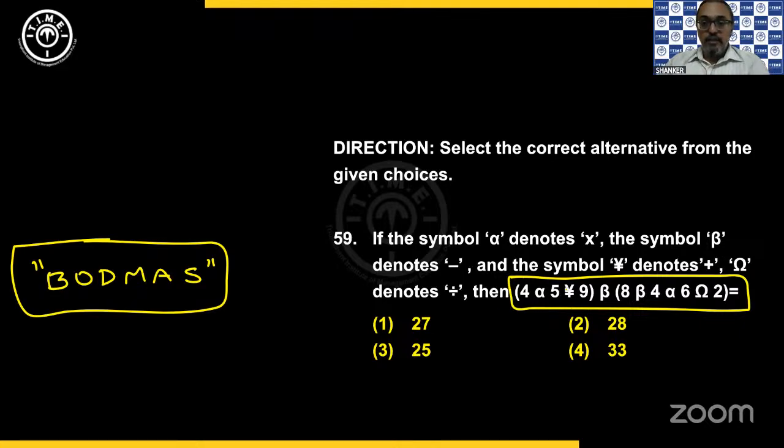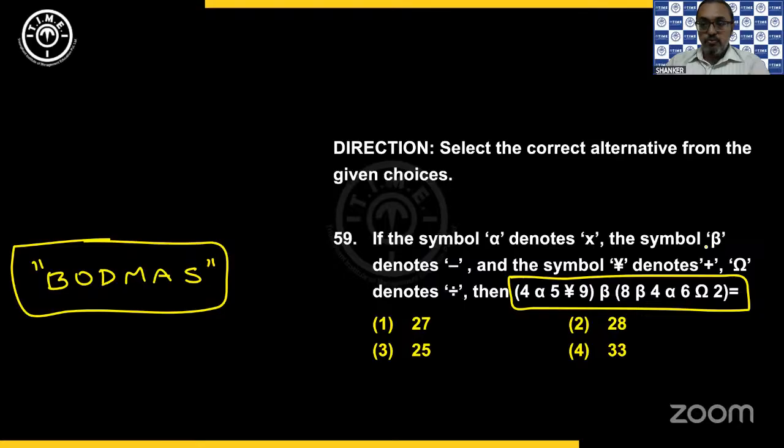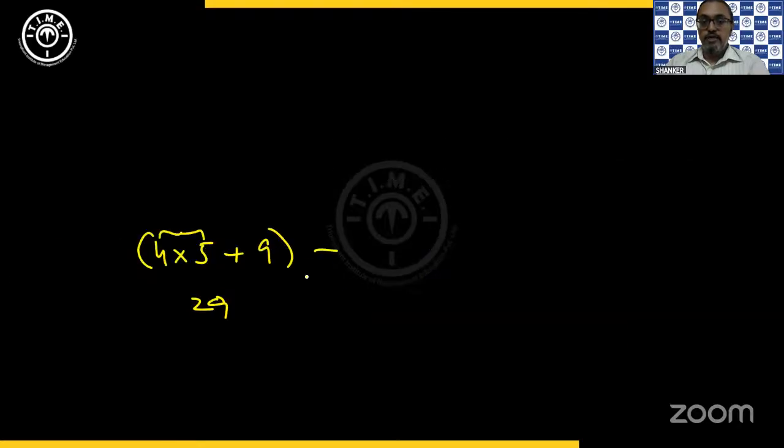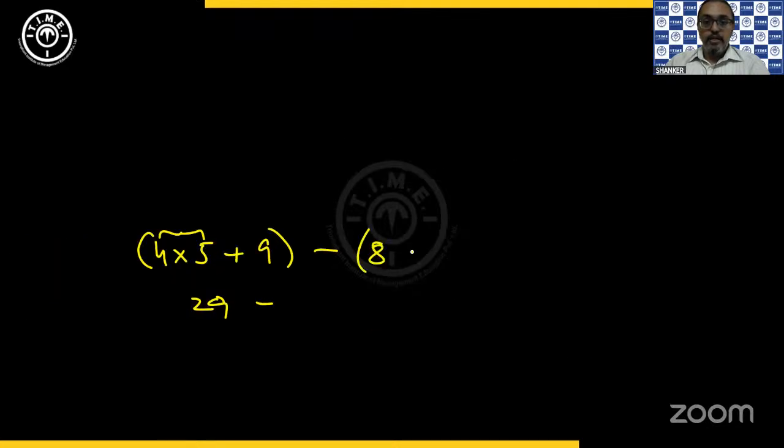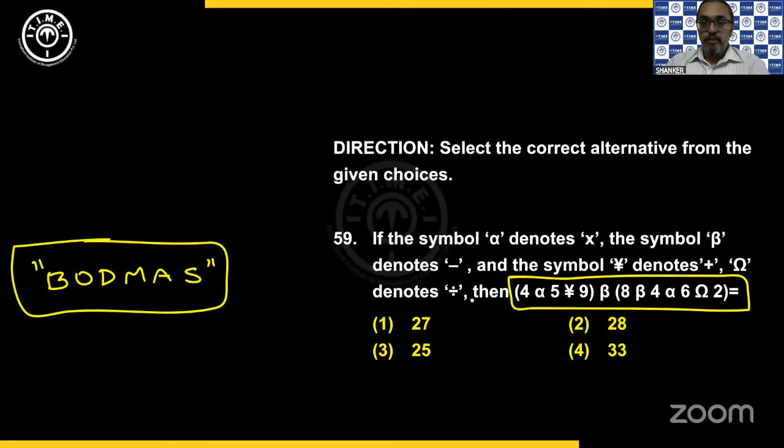4 alpha 5 n 9. Alpha is into and n is plus. So 4 into 5 plus 9. Okay. So this is 29, because first is multiplication, then you add 29. Then you have beta. Beta is what? Minus. Okay, so 29 minus. And then you again have parentheses. 8 beta 4 means 8 minus 4. Alpha is into. So 8 minus 4 into 6, and ohm symbol is division.